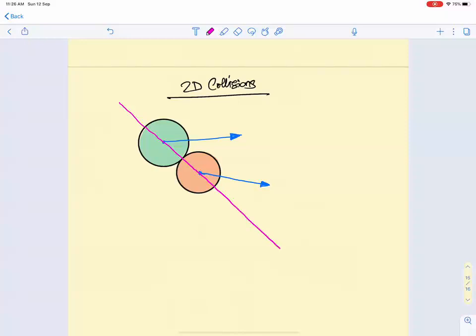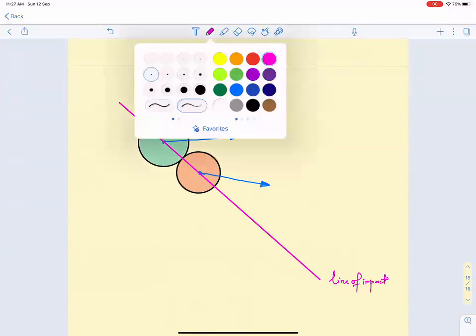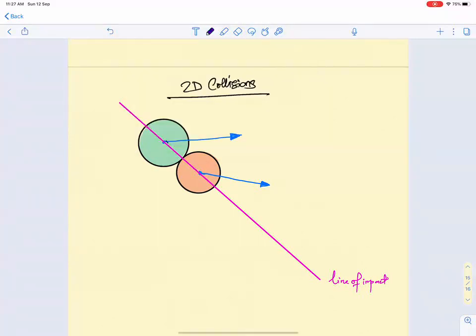Here it's a special case. The bodies are cylinders or spheres. So this becomes the line of impact, the line along which the impulses act. And these velocities before collision, these are the components of velocities.